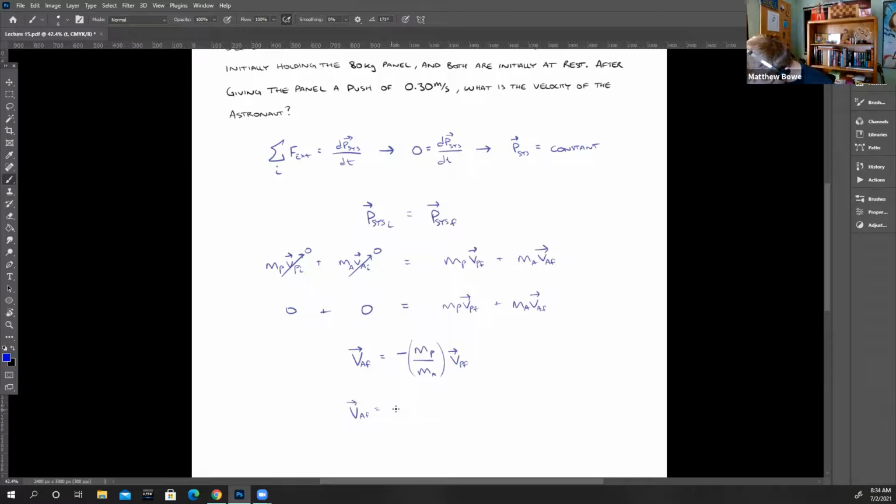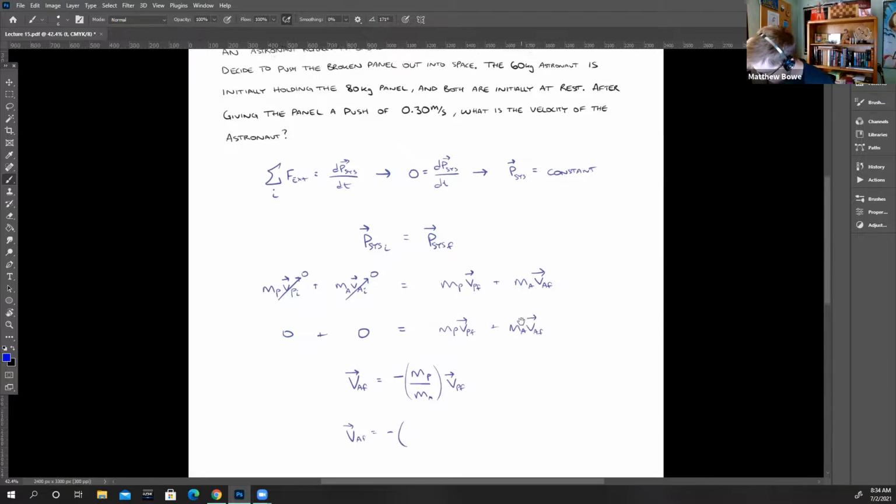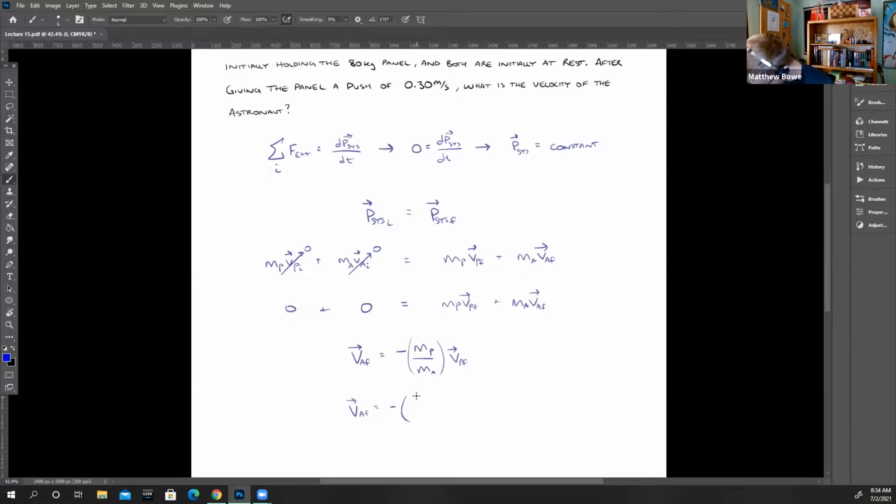Okay, we have that minus, and we'll say that the mass of the panel was 80 kilograms over 60 kilograms, and the velocity was this right here. All right.